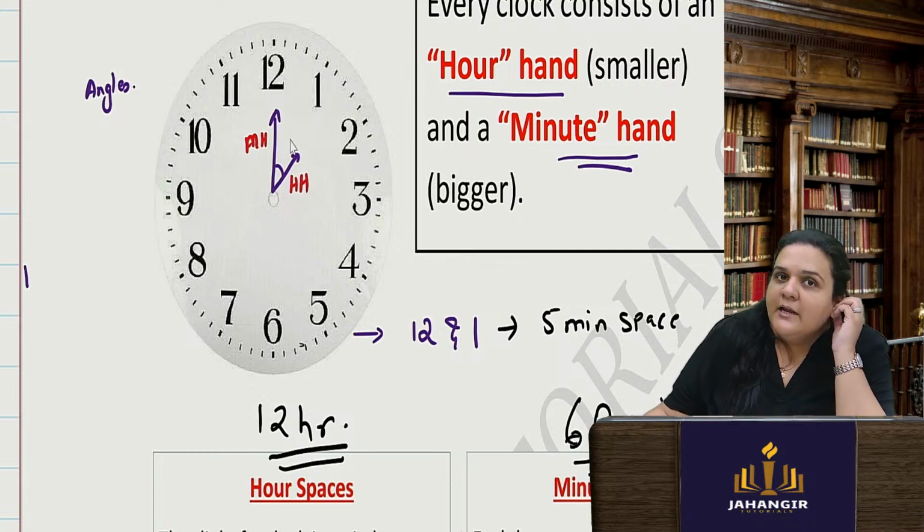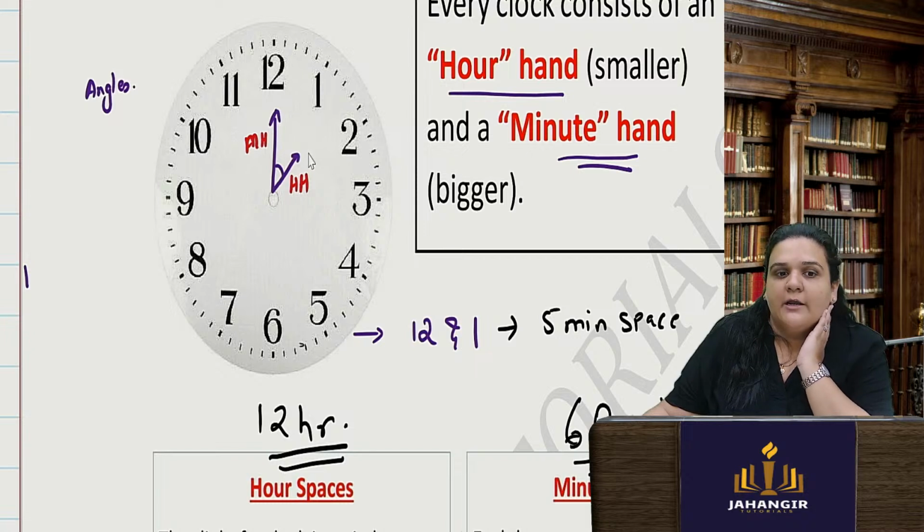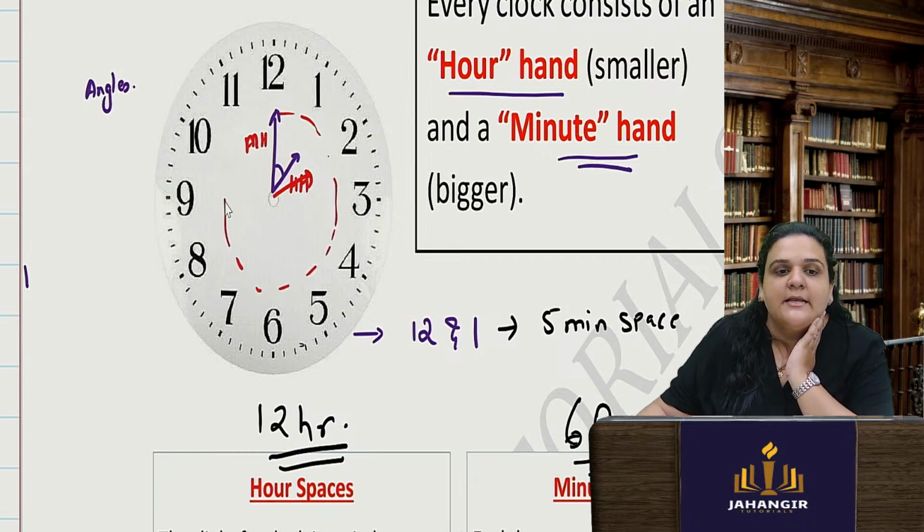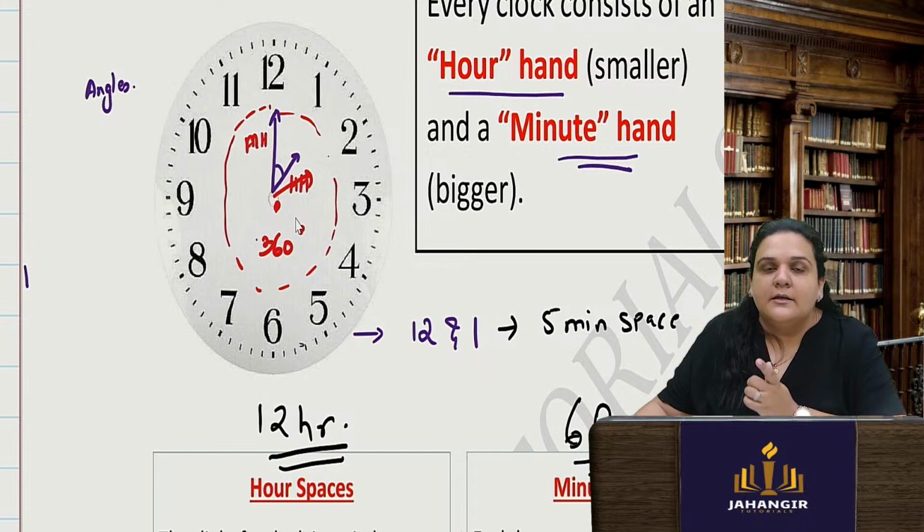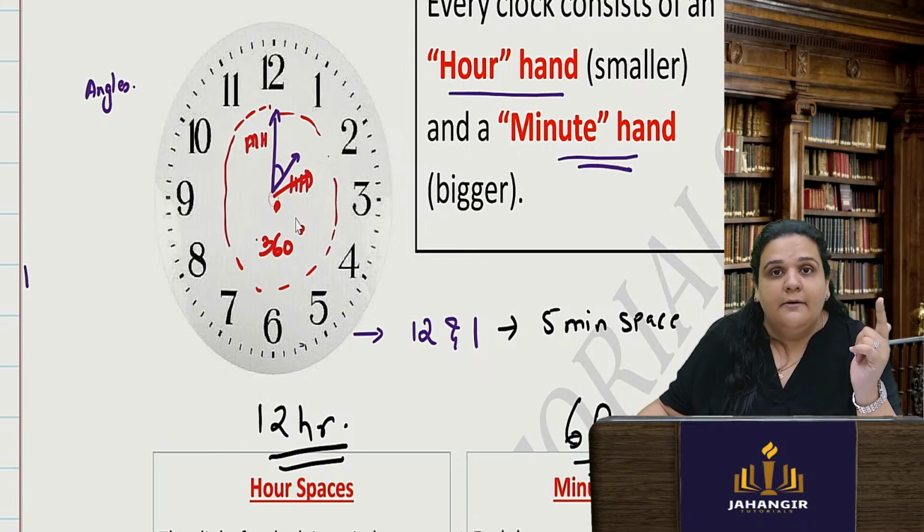Say in 1 hour means from 1 o'clock it became 2 o'clock. The hour hand is just going to move this much, but the minute hand will complete this entire 360 degrees.